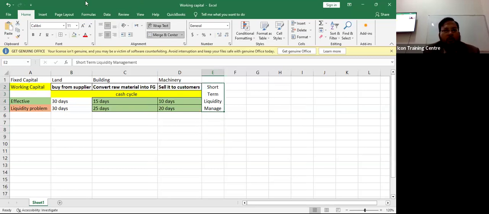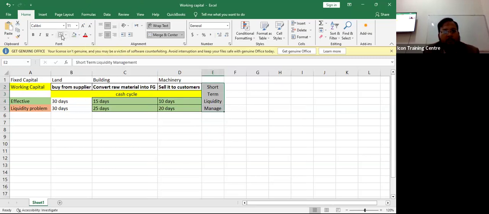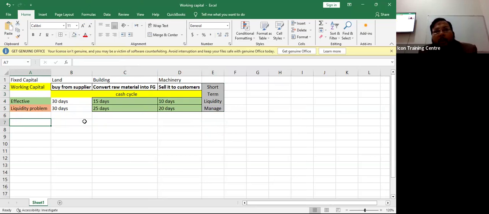Long-term liquidity management means issuing share capital and managing your debts. That is your long-term capital. Is this clear? Okay.